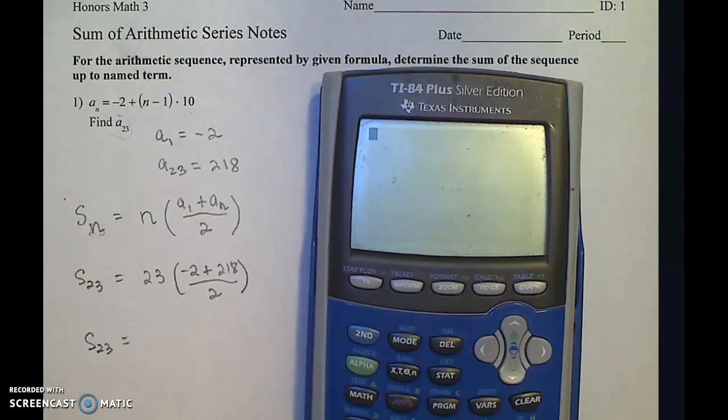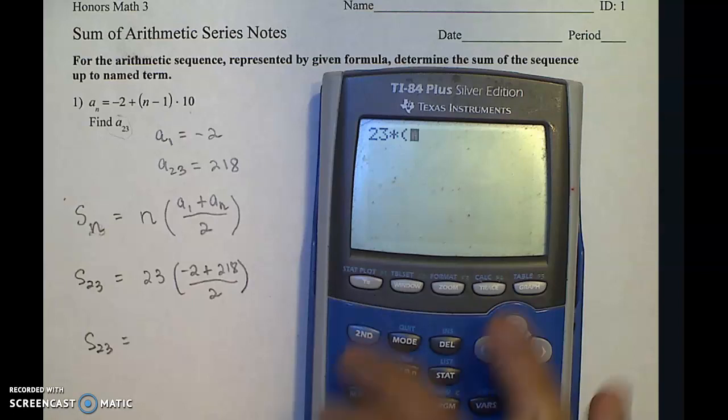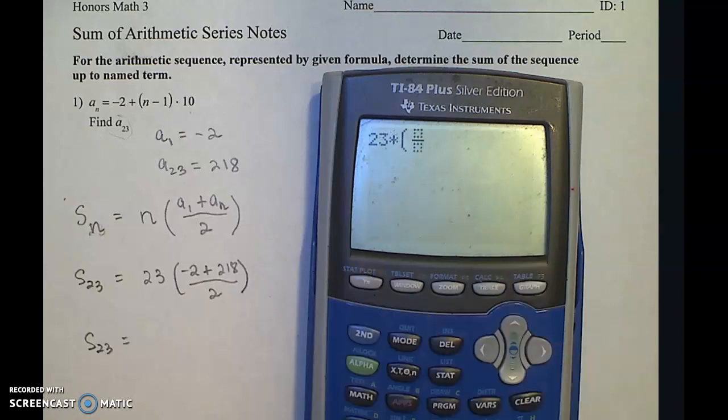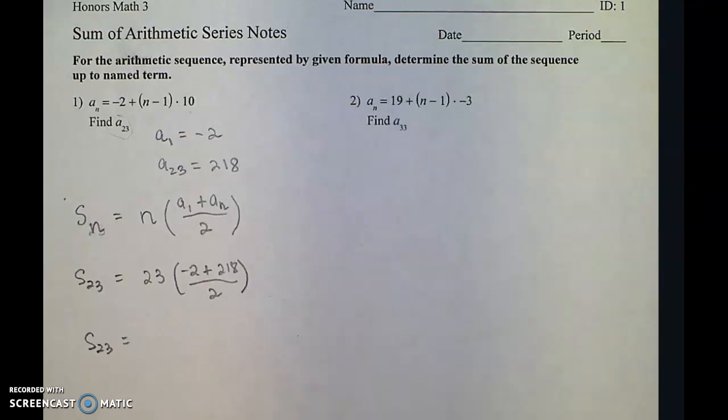Let's plug that in our calculator. So 23 times, so we got a fraction, so we'll do -2 plus 218 divided by 2. So there's our sum, 2,484.